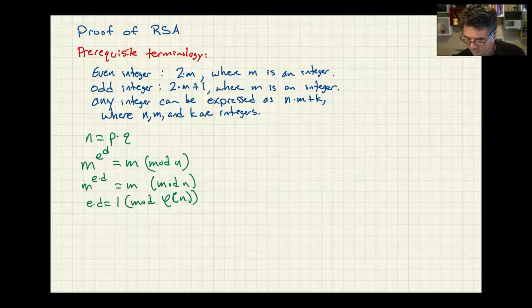So for a number to be equal to 1 mod some other number, it means that number must be 1 more than a multiple of that modulus number. Like, let's say we're doing mod 7. 15 is 1 more than 2 times 7, the modulus number.